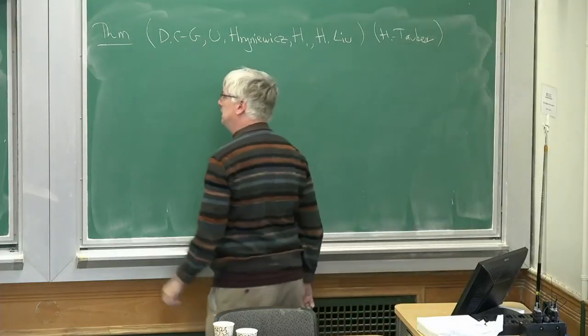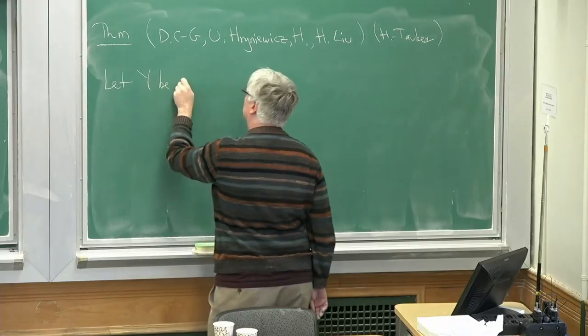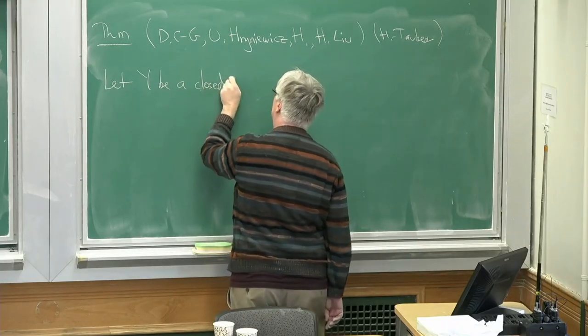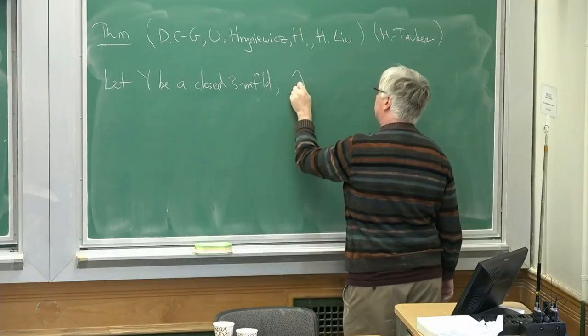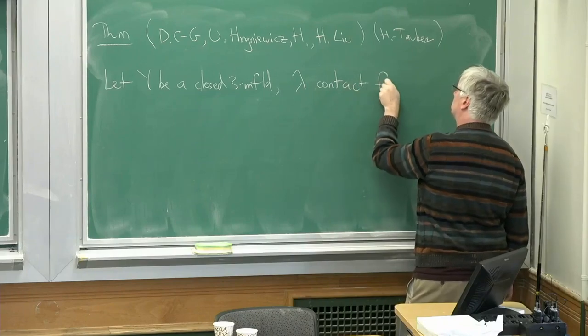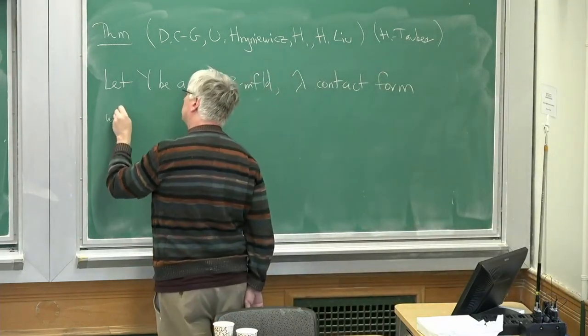Which says that, let Y be a closed 3-manifold, and lambda a contact form with exactly 2 simple Reeb orbits.